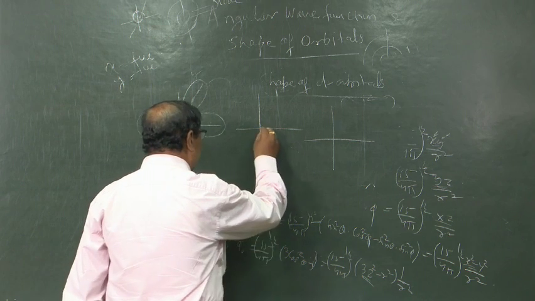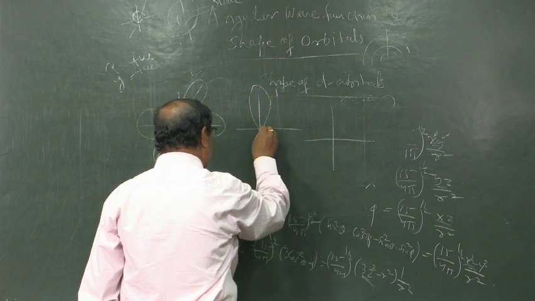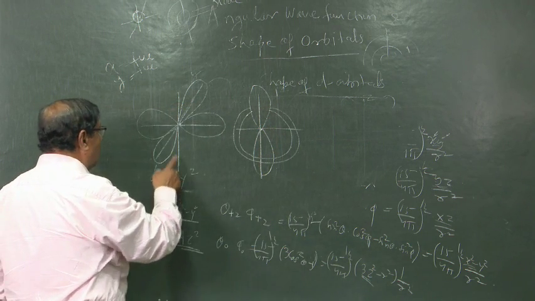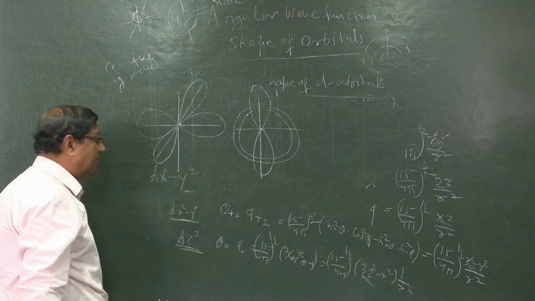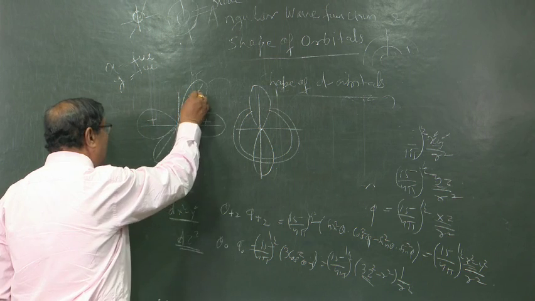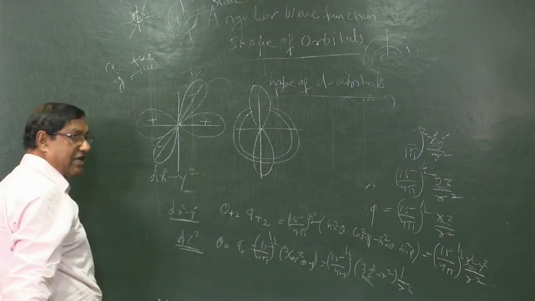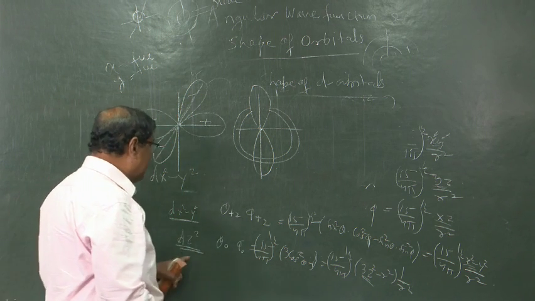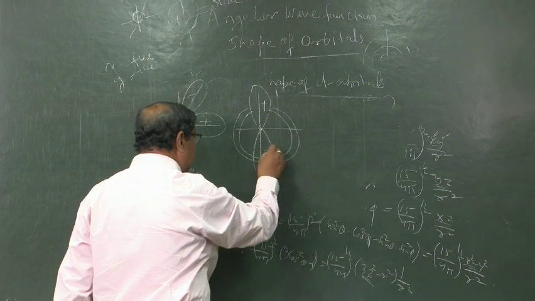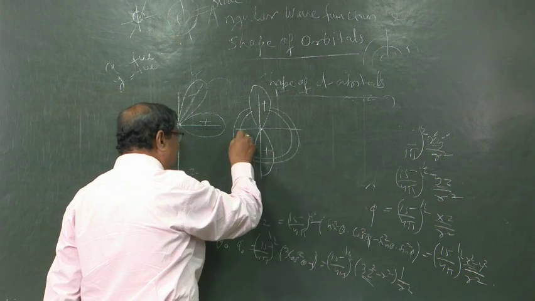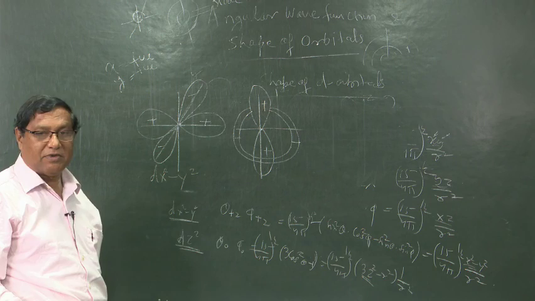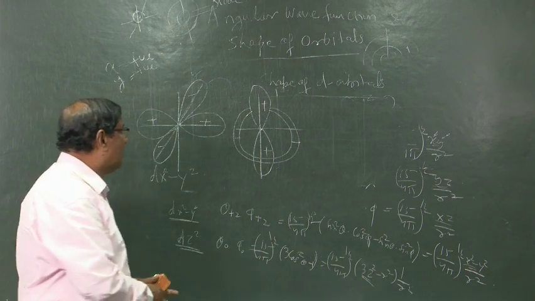For dx square minus y square, the lobe along the x axis is always positive, so this is positive and this is positive. Along the y axis it is always negative, so this is negative and this is negative. Similarly, for dz square, the lobe along the z axis is positive, so this is positive, and the ring around is negative. So, these are the shapes of the d orbitals.